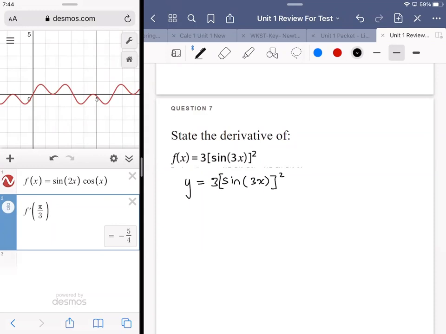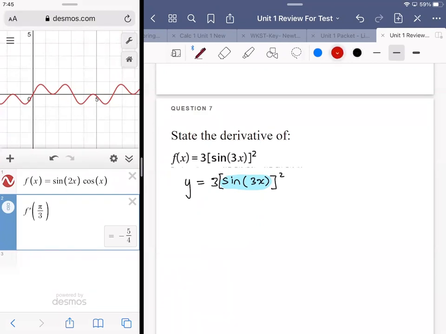squared. All right. So when we're applying the chain rule, we want to take the more complicated part of the interior of an expression and pull it out so that what remains is something that would be simple power rule. So I would ask myself, what would happen if I replace that sine of 3x with just a u?